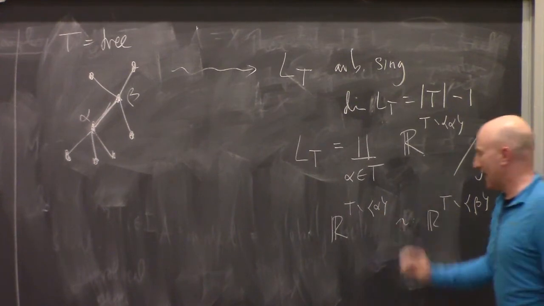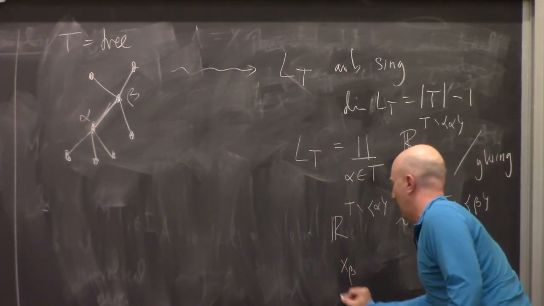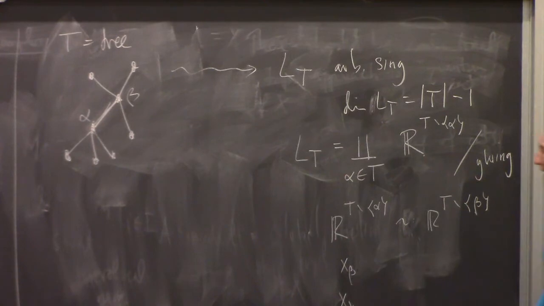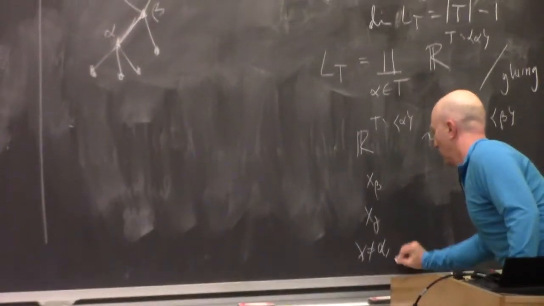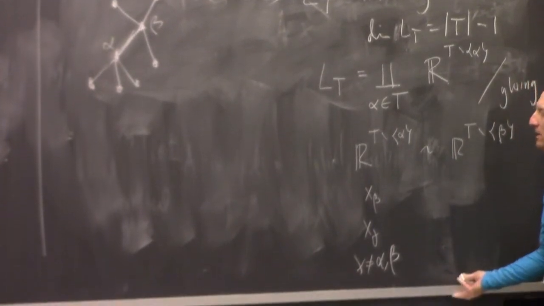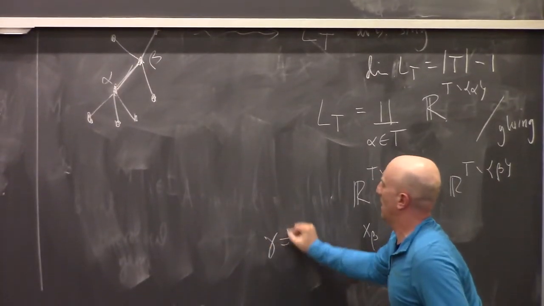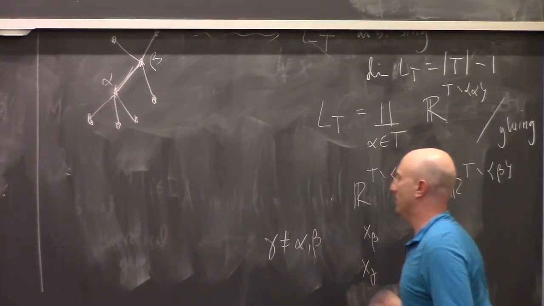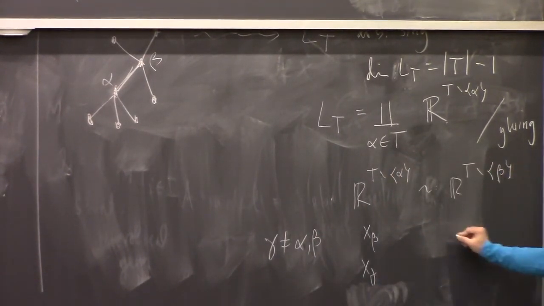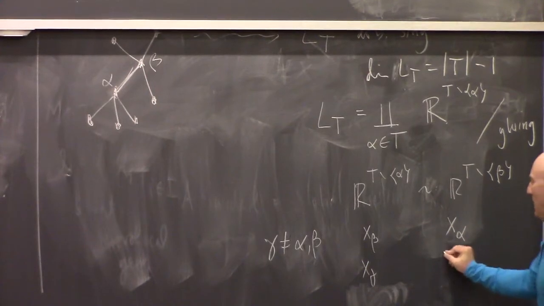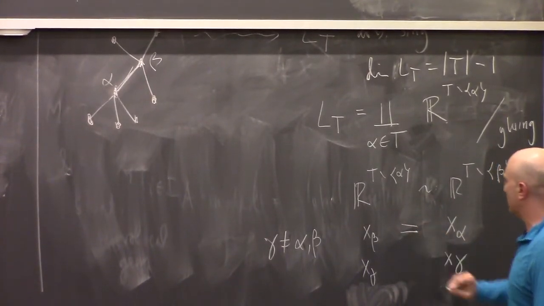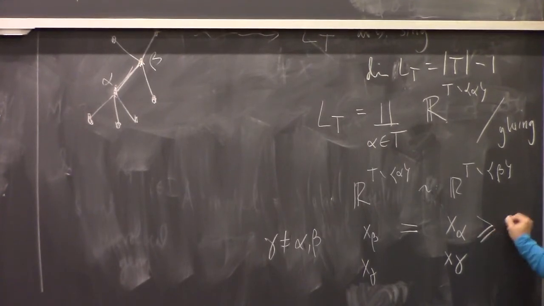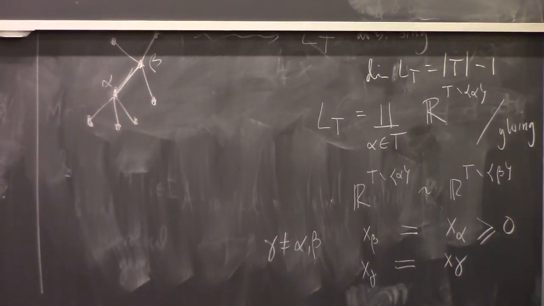So R^T minus alpha has coordinates x_beta and then x_gamma, where gamma is not alpha or beta. So I don't know if people can see. Here, gamma is not alpha or beta. And this guy has coordinates x_alpha and x_gamma. And I ask that these two be the same if they're greater than or equal to 0.